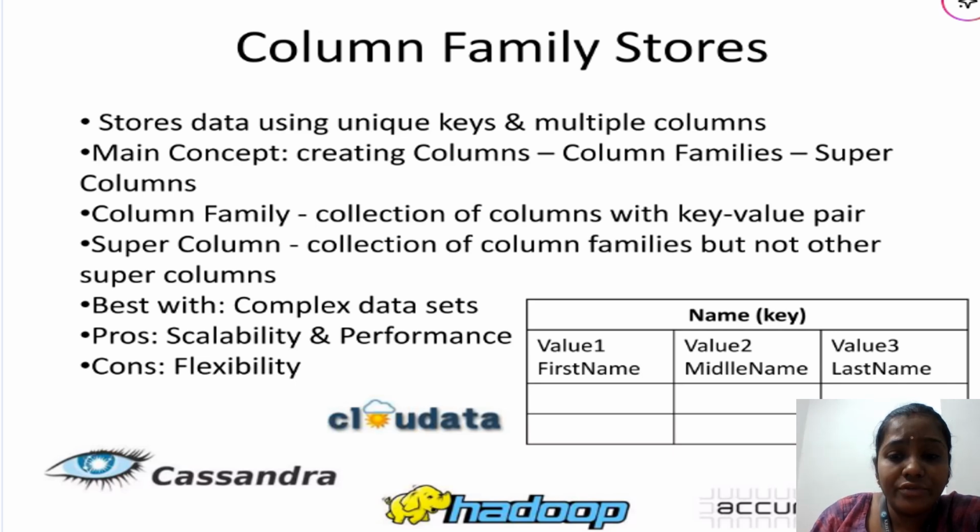When we compare with the previous slide, in key value stores we have only values with the columns. Now we have one key, and that key contains multiple constraint values. That is, one data is divided into three types of data, where a complex task is divided into multiple simple tasks. It contains value 1, value 2, value 3, so that it is easy for you to fetch a particular data.